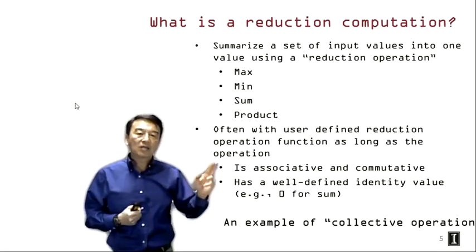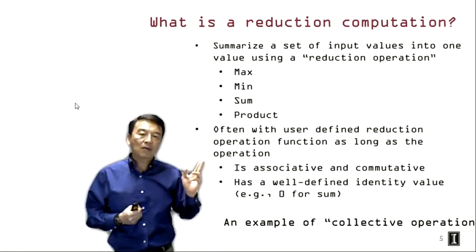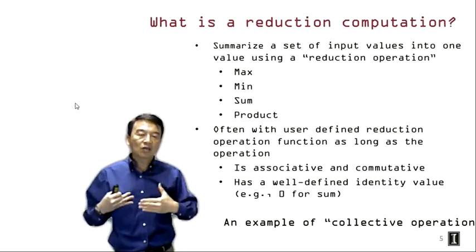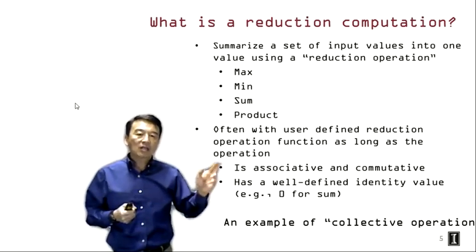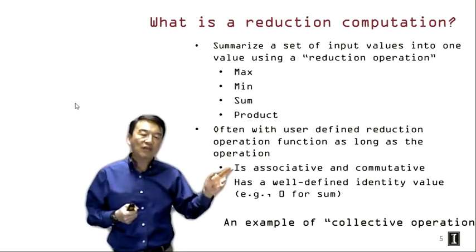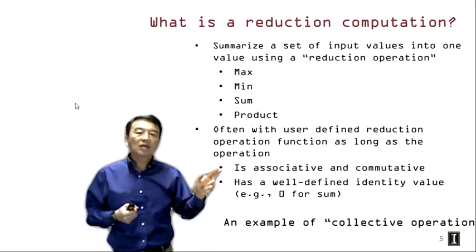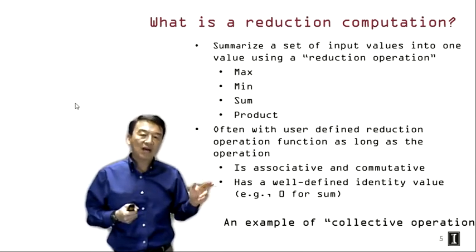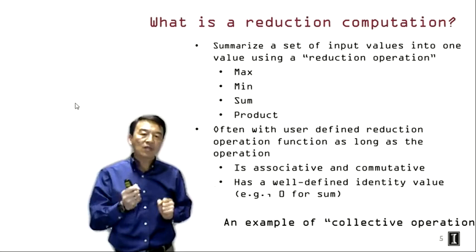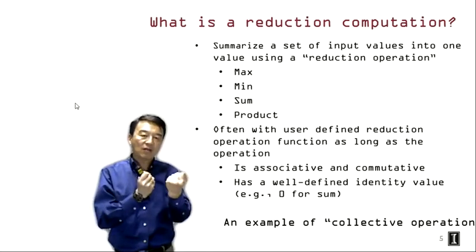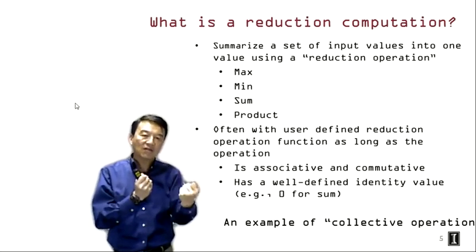But in order to use a user-defined operation in a reduction computation, the operation must be associative and commutative. And it also needs to have a well-defined identity value. That is, a value that, when operated with another value, the answer is always the other value.